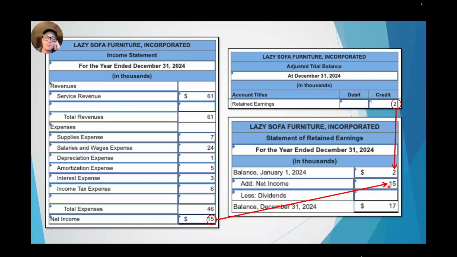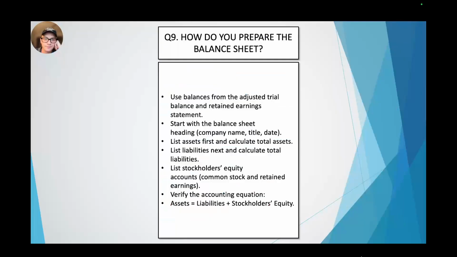If we had dividends, we would subtract them, and then all that brings us our new retained earnings balance. So if we were to present this as an equation mathematically, it would be 2 plus 15 minus 0 in our case equals 17. So this is our new retained earnings. Old retained earnings, new retained earnings.